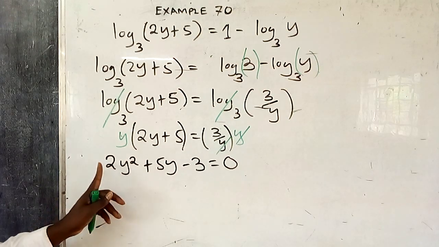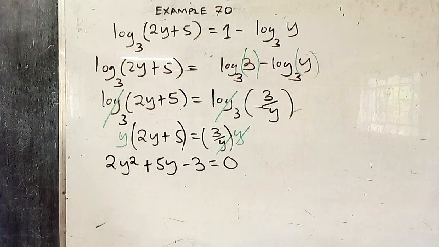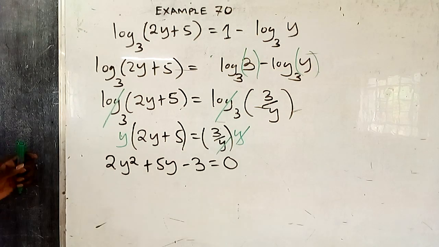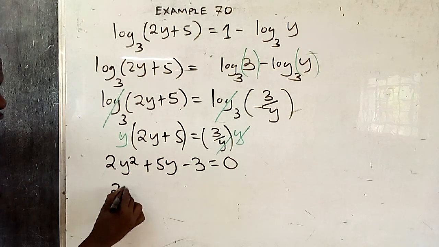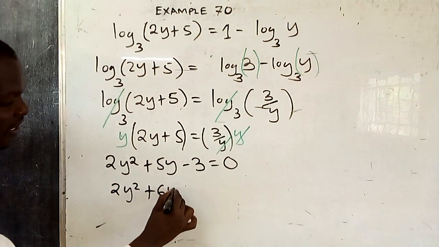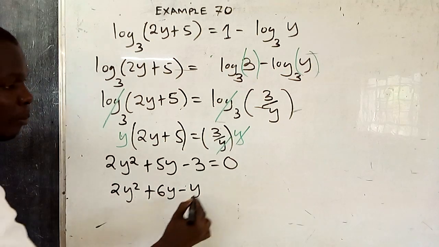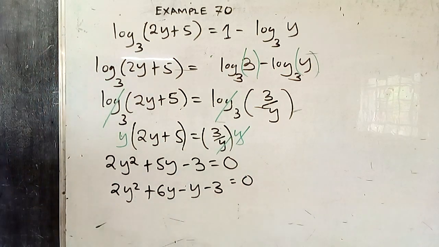Which numbers give you a product of 2 times negative 3, a product of negative 6, and a sum of positive 5? They are positive 6 and negative 1. So it means we can use factorization, isn't it? So we are going to have 2y squared plus 6y minus y minus 3 is equal to 0.